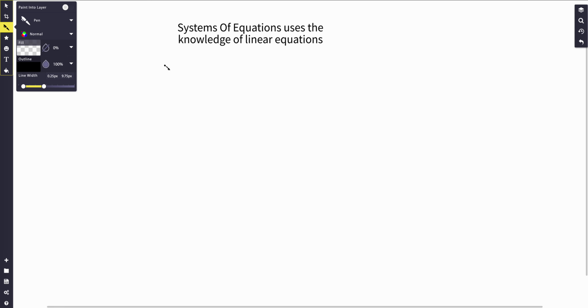We need to realize that m in slope-intercept form, which is y is equal to mx plus b, is the slope. That's going to stay true here. And b is equal to the y-intercept.